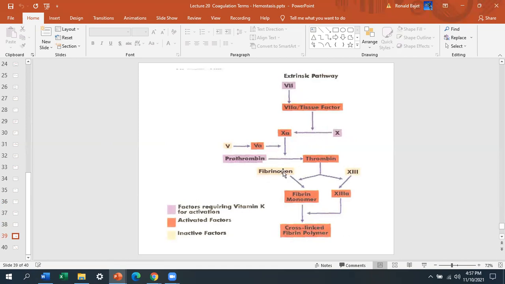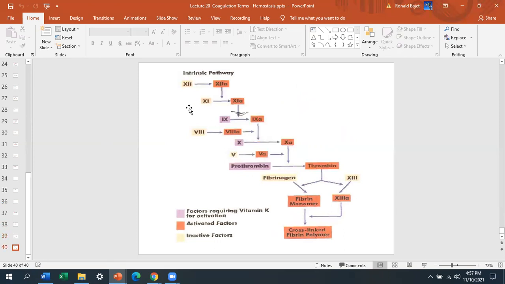And then you have the intrinsic pathway, starting with 12, 11, 9, and 10. Just remember those numbers, 12, 11, 9, and 10. When I teach this to you, those are the 4 numbers that you'll need to know. The intrinsic pathway also goes down to the common pathway. And that's it. A lot of information.